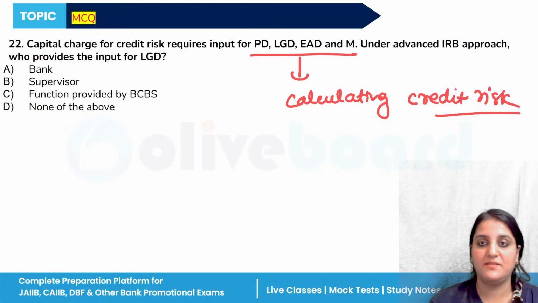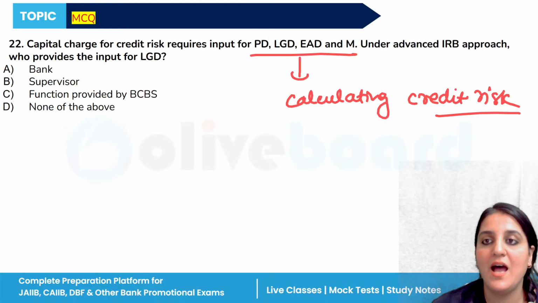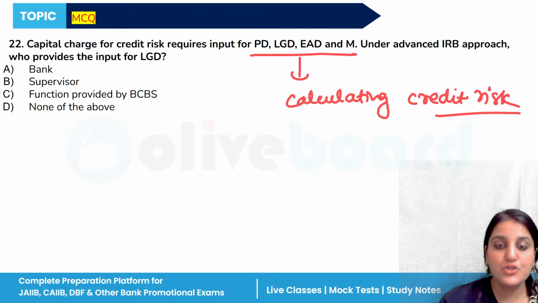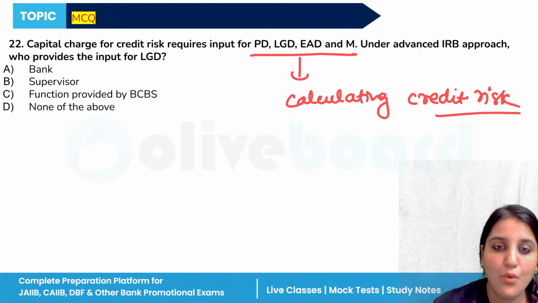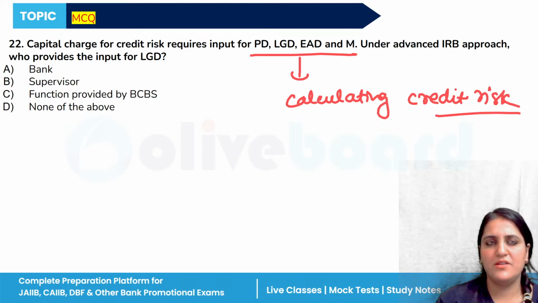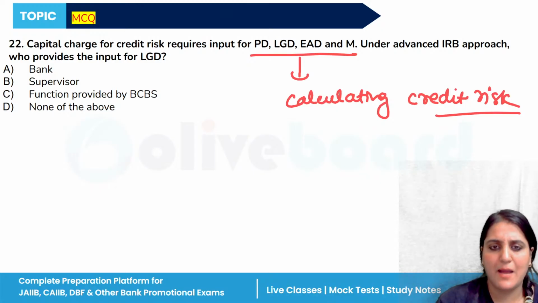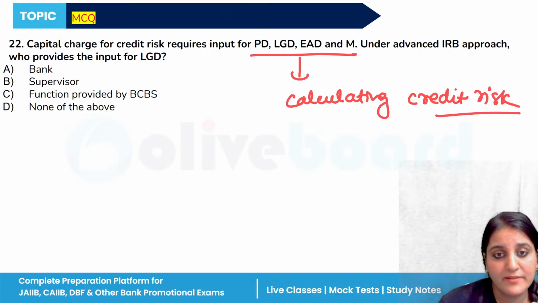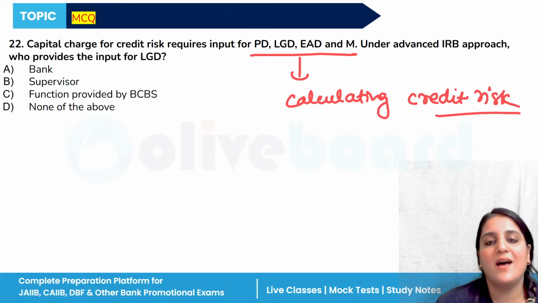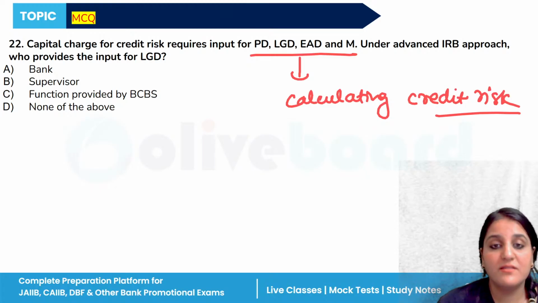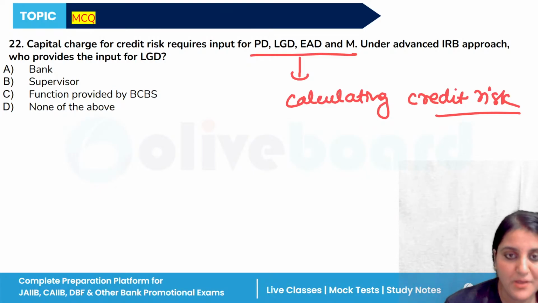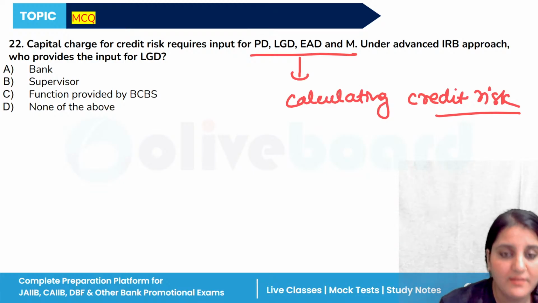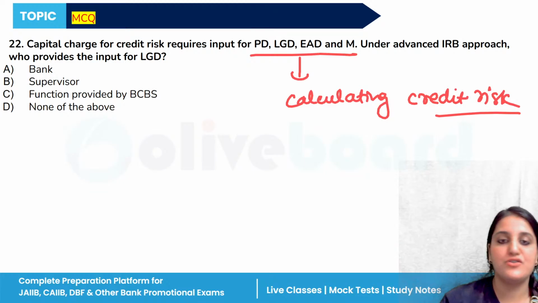So this is under the advanced IRB approach. Banks are allowed to use their own internal models to calculate their capital requirements for credit risk, and this also provides the input for loss given default, that is LGD. Banks are responsible for developing and validating their own LGD models, subject to regulatory oversight.